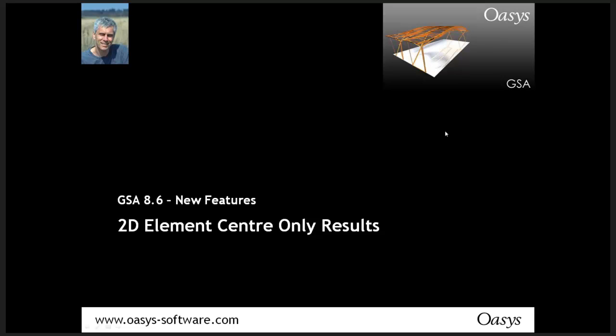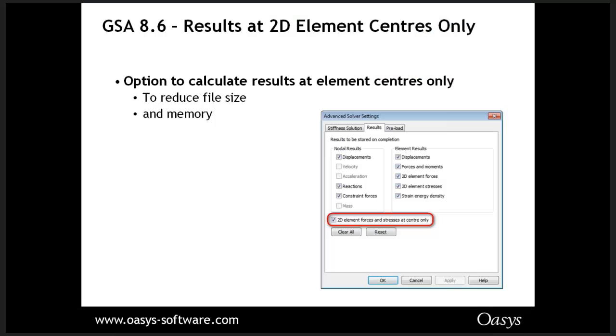I'm going to whiz through a few of the other features that come along with GSA 8.6, starting with 2D element center-only results. As we all know, we need a lot of accuracy in our finite element meshes to accurately represent the behavior of the structure, but we don't always need the full detail of the results when post-processing.